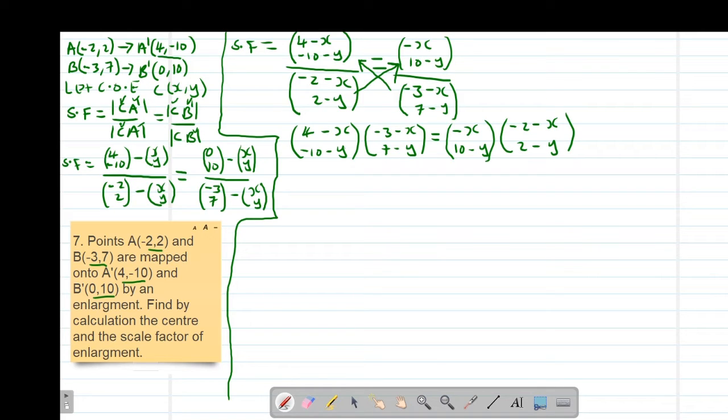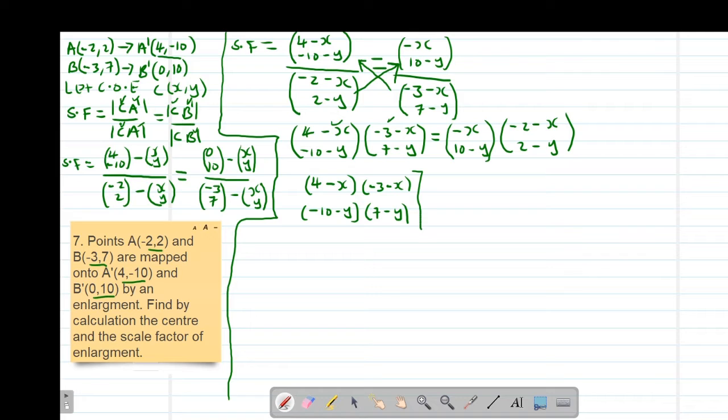Then of course after that we can open these brackets, which simply means that you are going to multiply this with this one here. So I'm going to have 4 minus x being multiplied with negative 3 minus x. Then on the lower side I have negative 10 minus y being multiplied with 7 minus y.